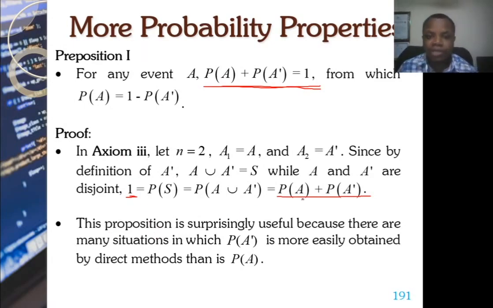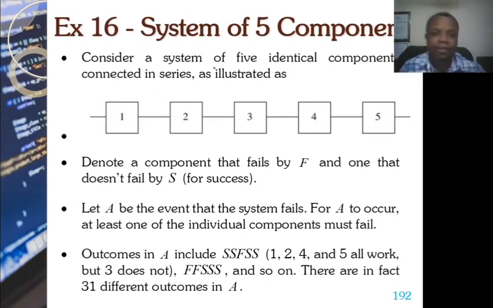Now this property that we have here is very useful because in many situations the probability of A complement is more easily obtained by direct methods than going through the probability of A, and we are going to look at an example. Okay, so consider a system of 5 components being considered in series. These components are identical and they are being connected in series.